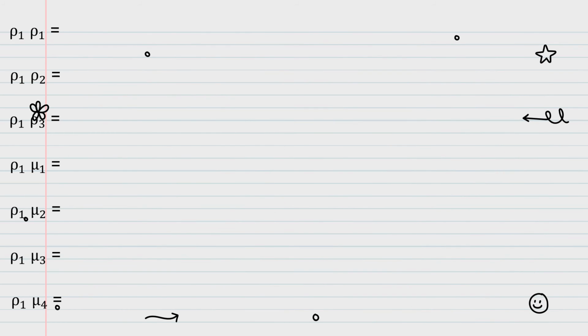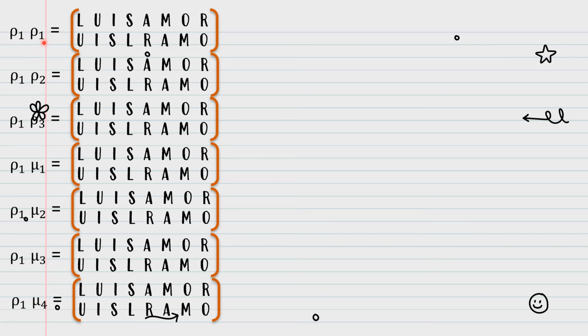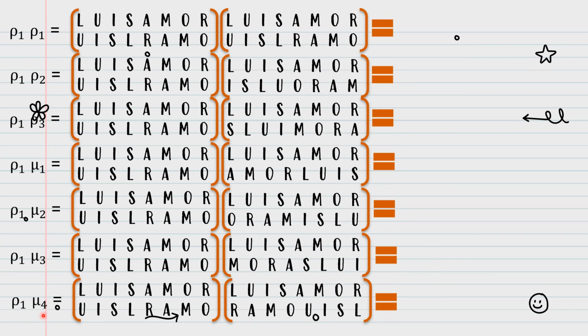So what if we try rho sub 1 as our multiplier and rho sub 1 up to mu sub 4 as our multiplicand? Let us focus first on the first one. We have U here, and then look for it in the first row of our multiplier, and the corresponding element is I. So that will be our first element.